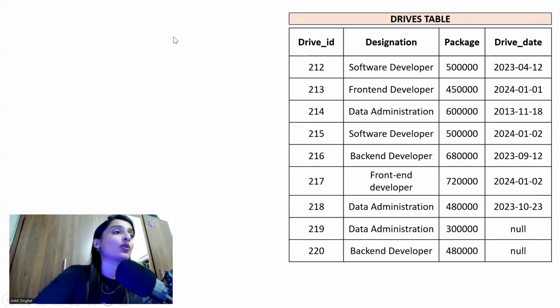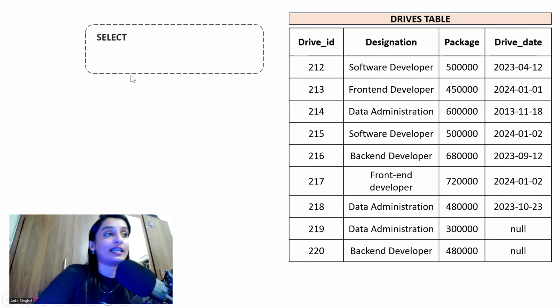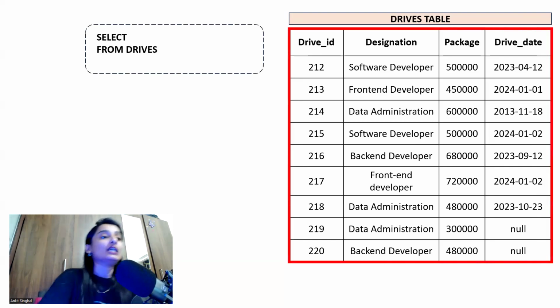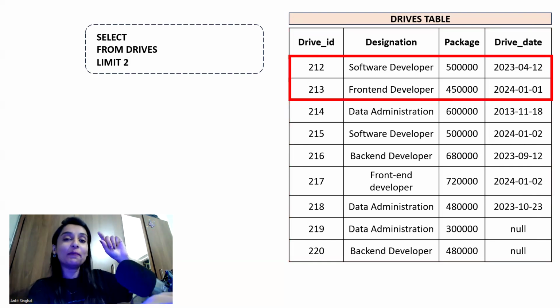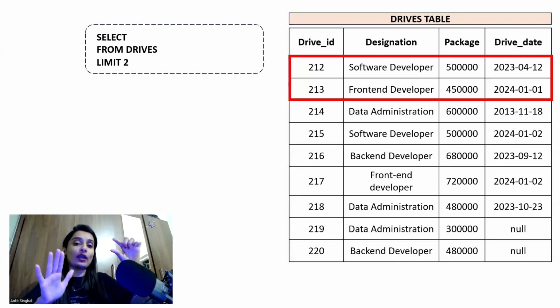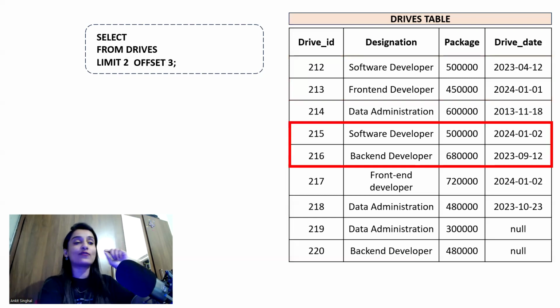What I mean is, look at the query over here. Select, from which table? From the drives table. Now I will write limit 2. As soon as you write limit 2, the first 2 records get selected. But I don't want those. You skip the first records. How many records? Offset 3.